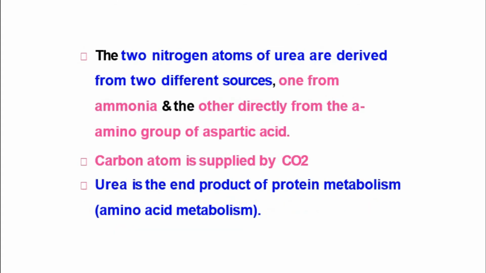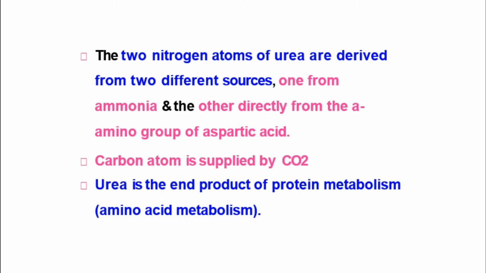Let's check it out. So first thing, the two nitrogen atoms of urea are derived from two different sources: one from the ammonia, the other directly from the amino group of aspartic acid. The carbon atom of the urea is supplied by carbon dioxide.